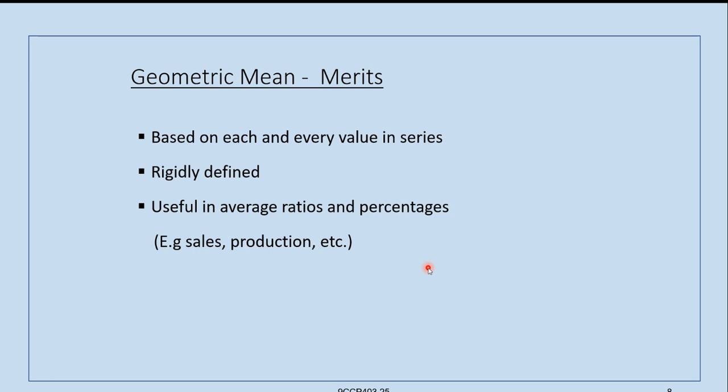For example, in individual observations only one column will be there, and we calculate the arithmetic mean based on that one column. In discrete series and continuous series, we have two data, that is class interval and frequency, or series and frequency in case of discrete series.